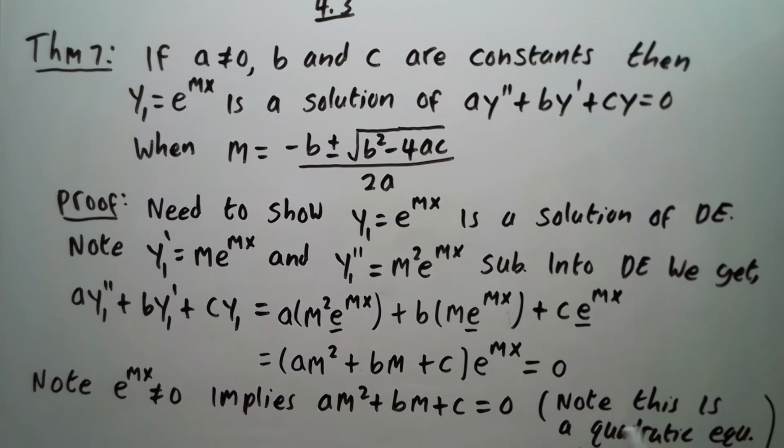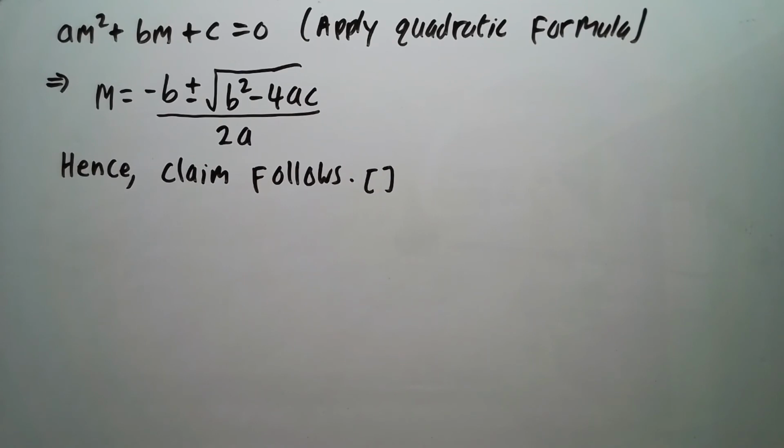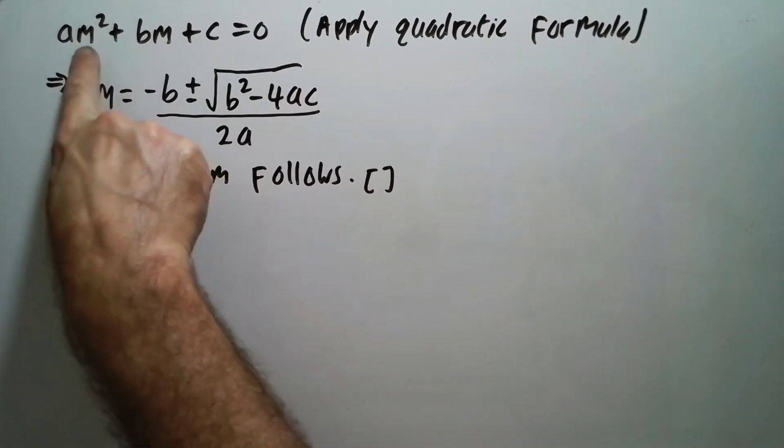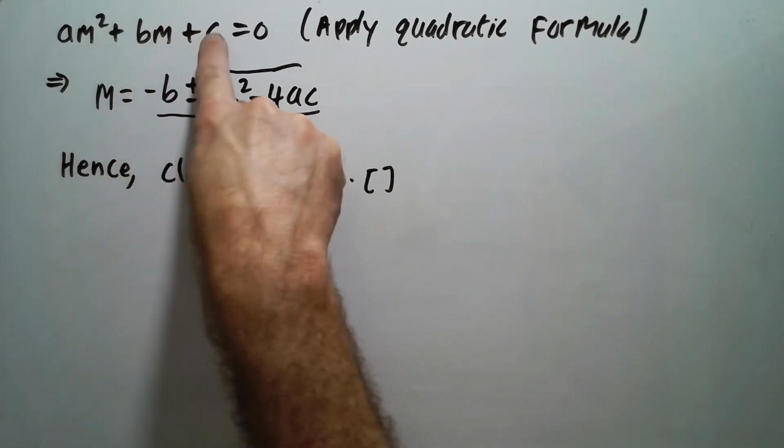So again, note, this is a quadratic equation in m. So we can use the quadratic formula. I'm out of space here, so let me erase a few things and we'll keep going. Okay, so we have this quadratic equation here, a m squared plus bm plus c equals 0.